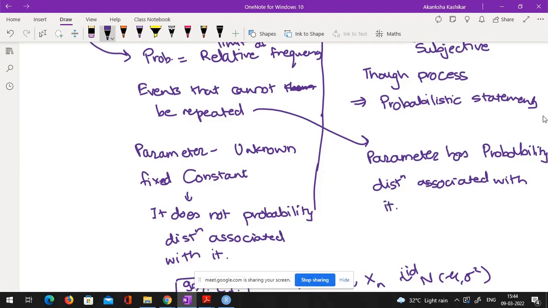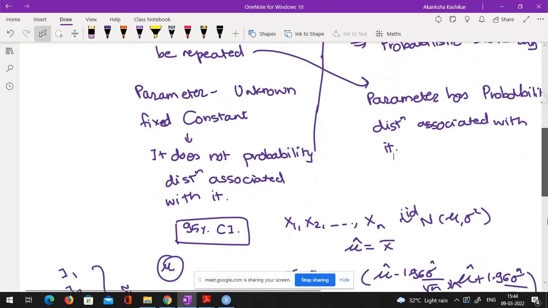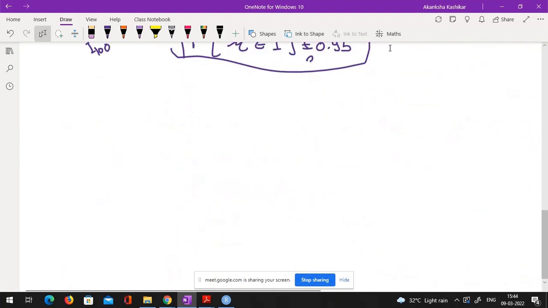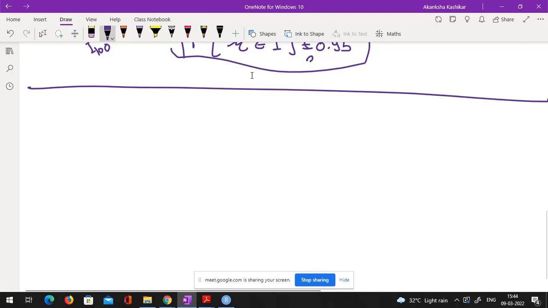Okay. So of course, when I start saying that the parameter is random, I need to have special terminologies for it. That's where we have the concept of prior and posterior distribution. Normally, when we say we have some parameter, we say it's a constant.